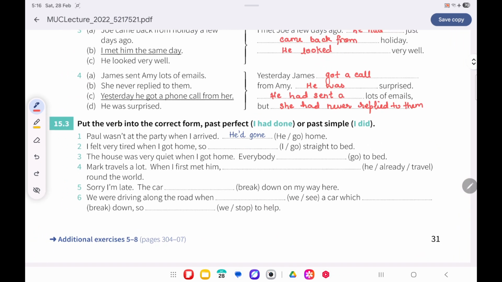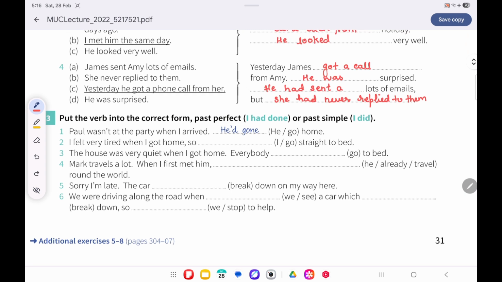Put the verb into the correct form. Past perfect, past simple. Paul wasn't at the party when I arrived. He had gone home. I felt very tired when I got home. So I went straight to bed.